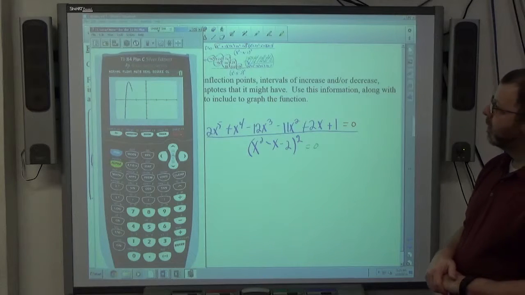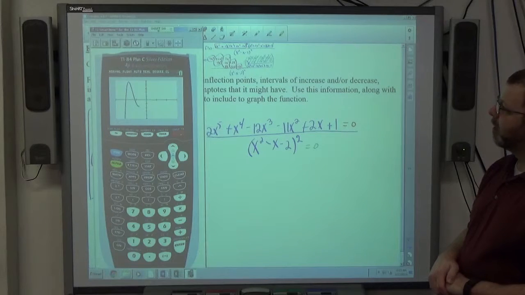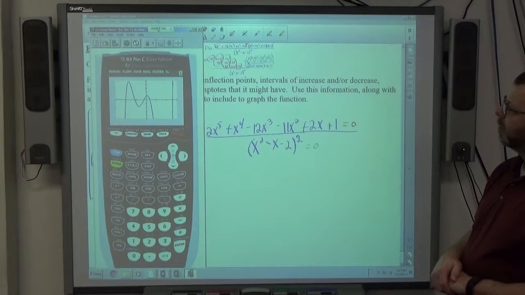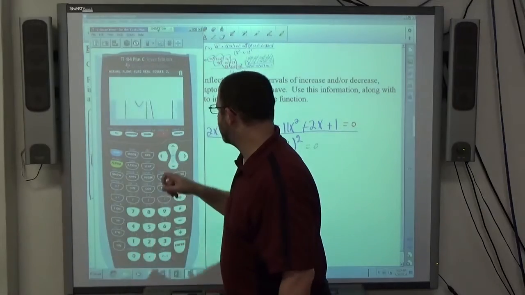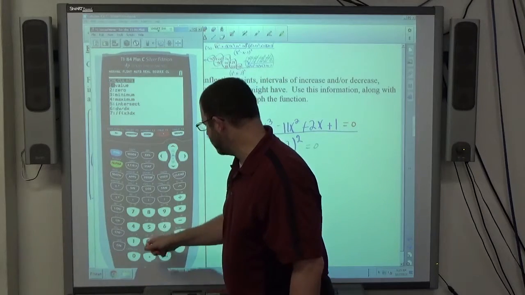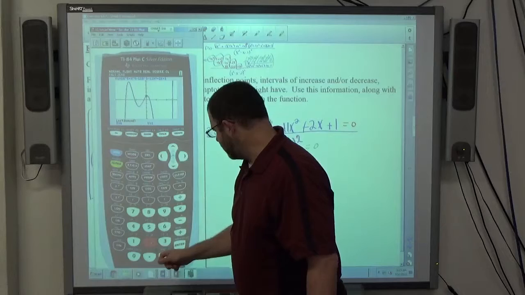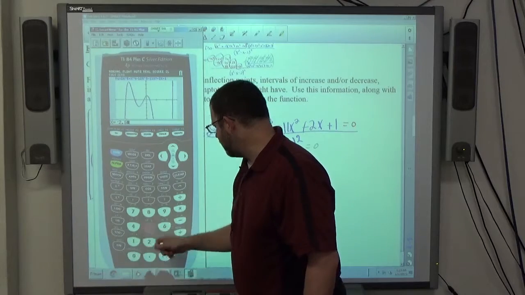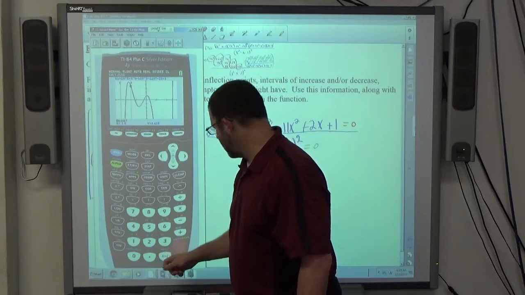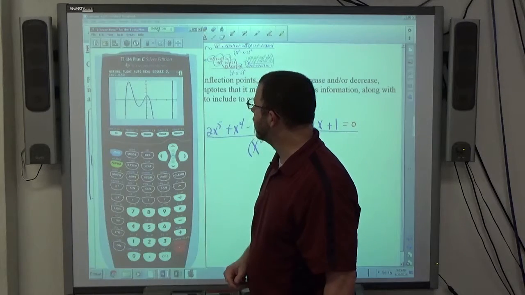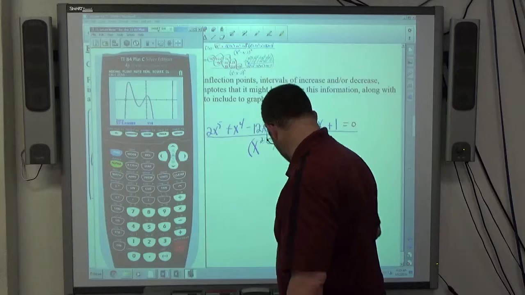Negative 2, a little bit left of negative 1, a little bit left of 0, right of 0, and about 2.5 maybe, I don't know. So we're just going to calc 0 on each one of these. So calc 0, I'm going to guess negative 2.5 left, negative 1.5 right, guess negative 2, and we see that it is negative 2.03.